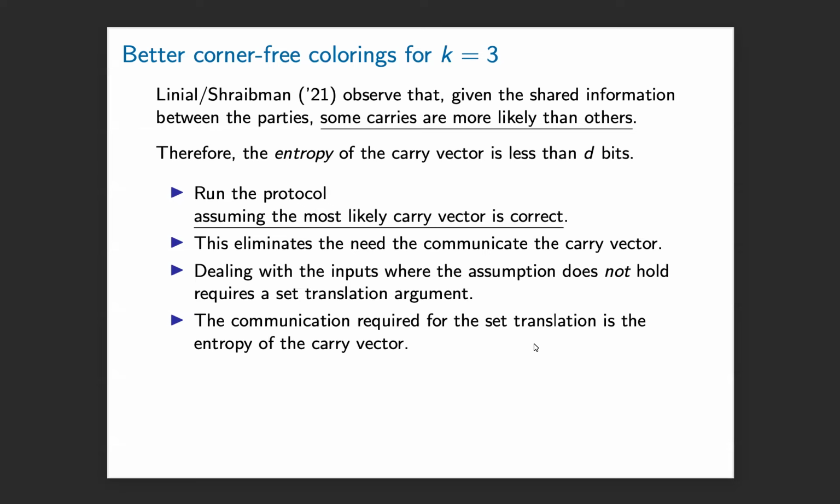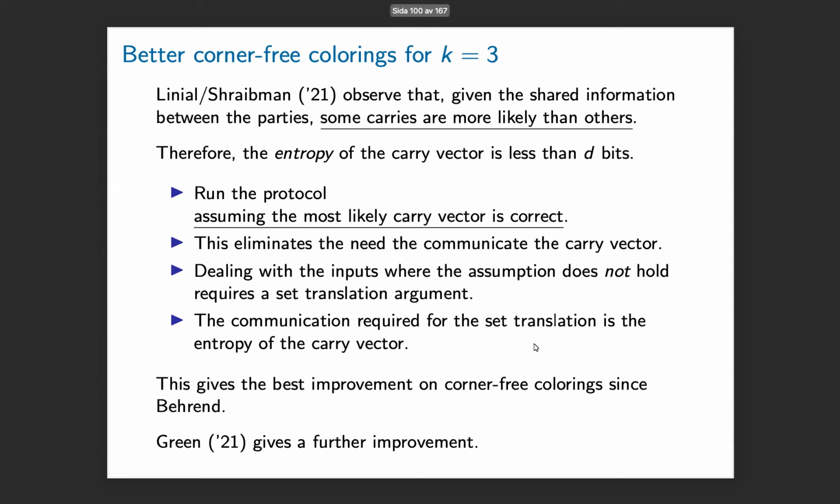And so we just need to communicate about that translation. And the important thing here is that the communication required to communicate this probabilistic set translation is the entropy of the carry vector, which I just told you is less than d bits. So this gives an improved protocol for exactly n, and therefore also the best improvement on corner-free coloring since Behrend.